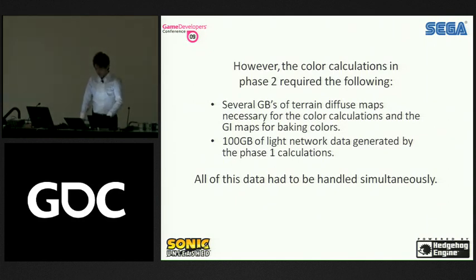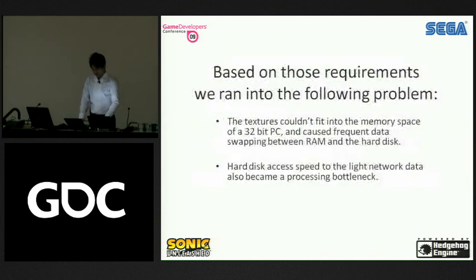This needs a lot of memory. In phase 2, the calculation usually takes 100 gigabytes for one level. We need to deal with this data simultaneously in phase 2. Then we have a problem.